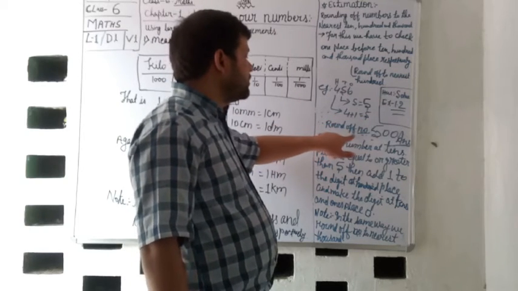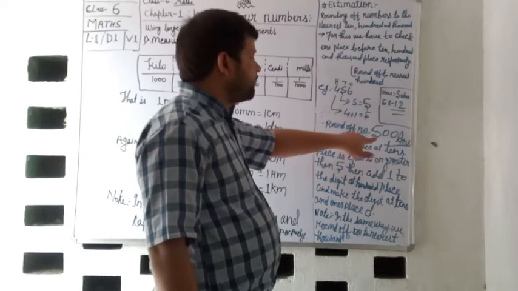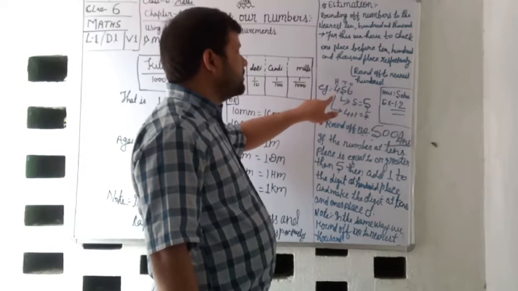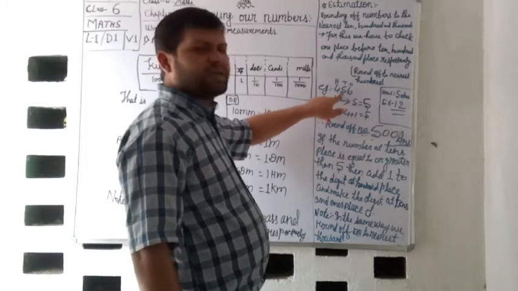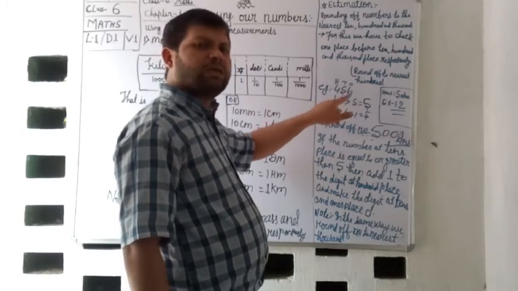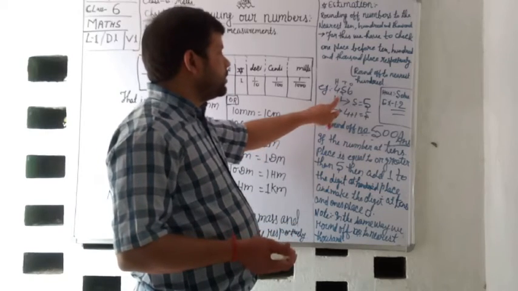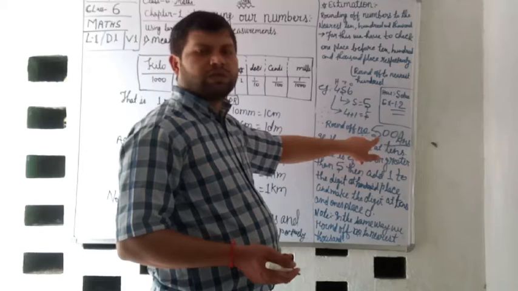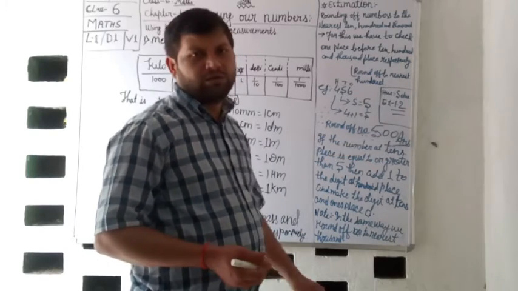So the rounded number is 500, because we add 1 and make the digits at the tens place and ones place 0. So the number 456 rounded off to the nearest 100 is equal to 500.